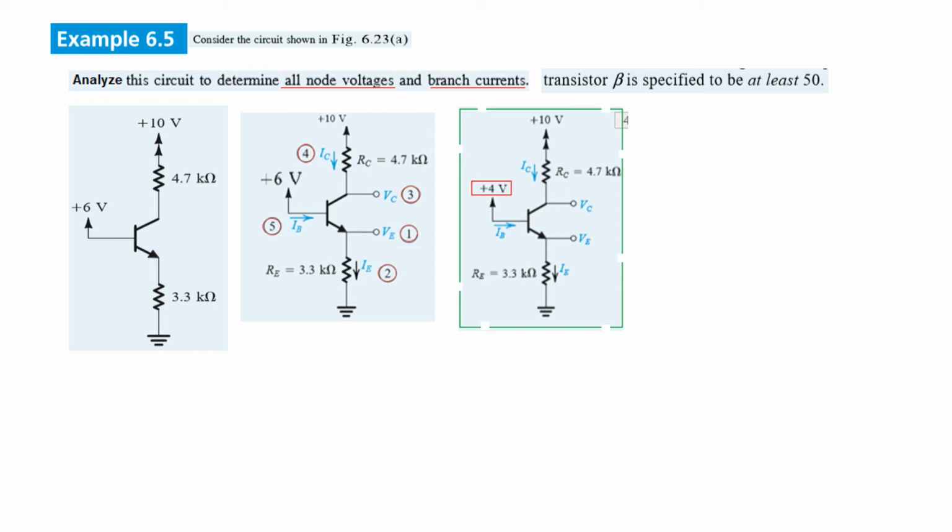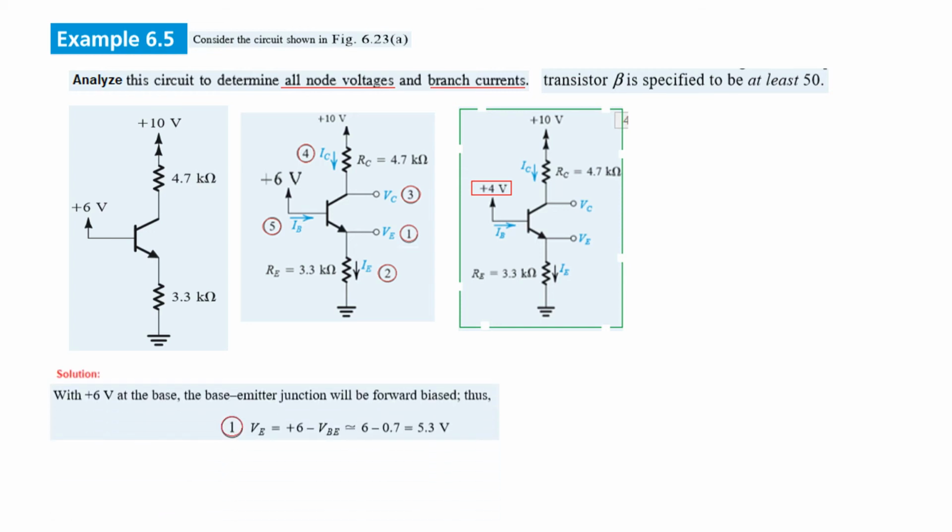Now this time we'll follow a similar technique. First we'll find VE, then we'll find this current, and then we'll find VC, IC, and IB. Same way that we did before. With 6 volt base, the base emitter junction will be forward biased.